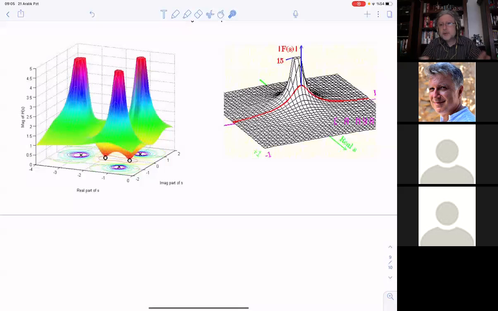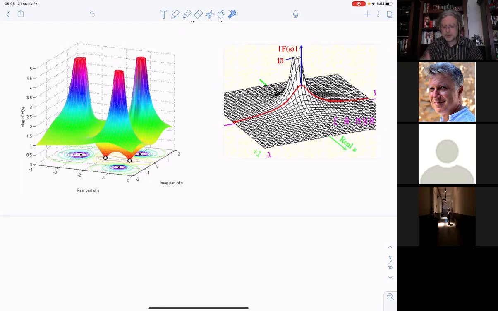How do we discover that profile from the poles and the zeros? That is the next thing that I want to talk about, because it's an important thing, especially for filters.